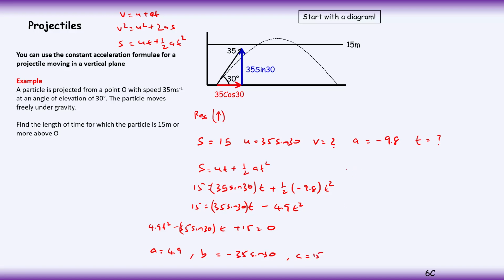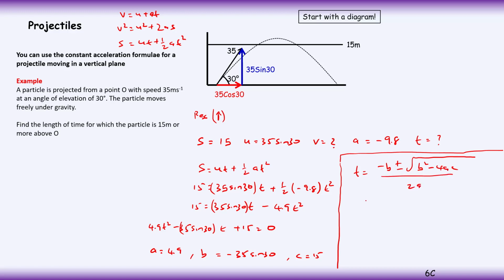So to solve that, I'm going to have to use the quadratic formula. In this case, we're finding t, so t is equal to minus b plus or minus the square root of b squared minus 4ac all over 2a. Sub in for a, b and c.